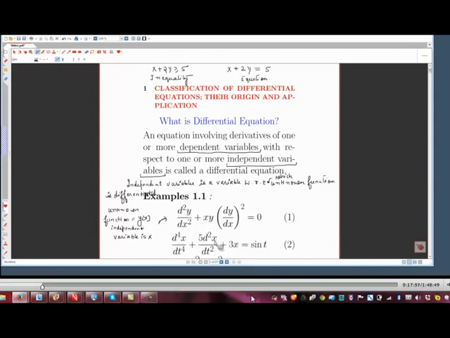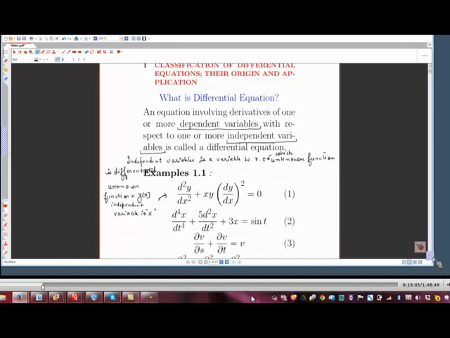So we got it for the first example. How about the second one? What's the unknown function here? X. Very good. The variables switching should not confuse you at all.